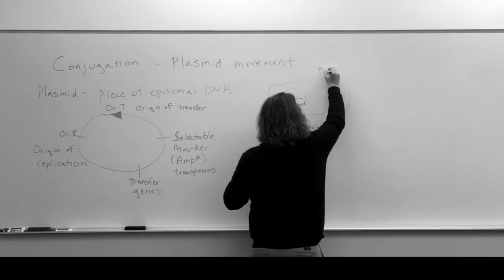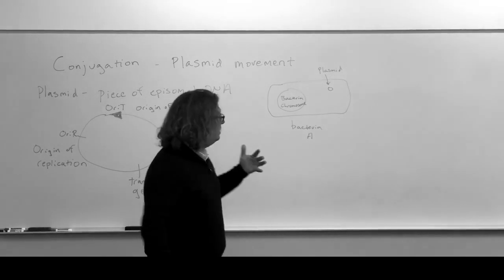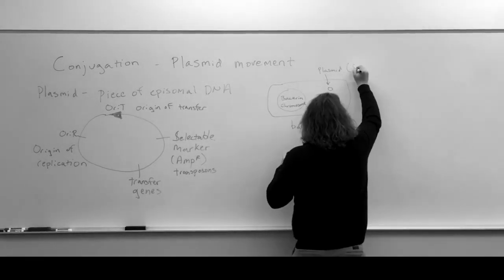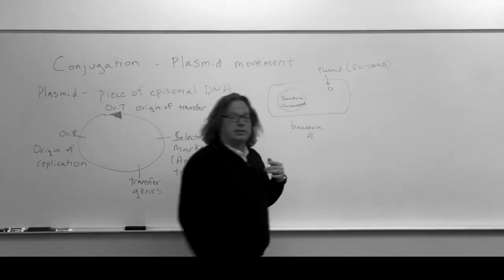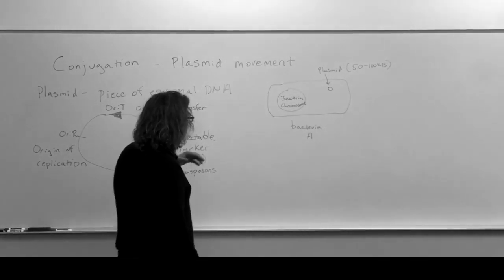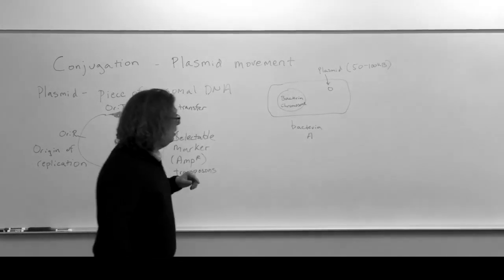So this is our plasmid. And plasmids are of varying sizes. They can be 50 to perhaps 100 kilobases in size. So they're still significantly smaller than the bacterial chromosome.